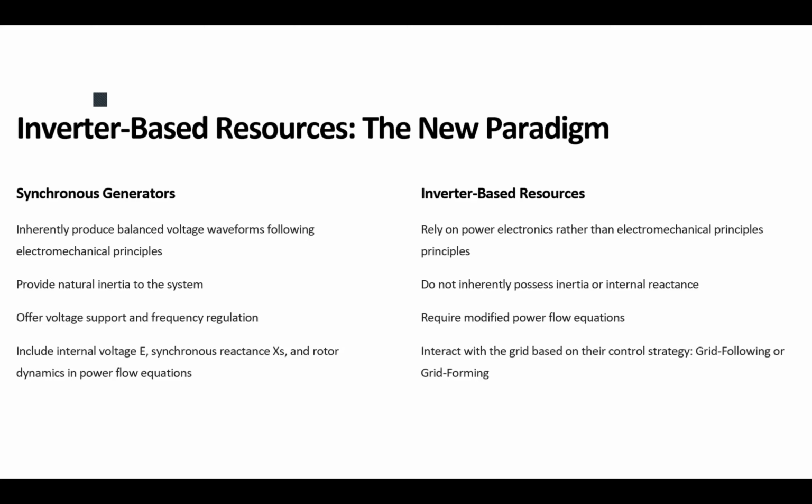Now, so far, all the discussion that we had was in the general case. It was a conventional general power system, and all the formulas that we saw and all the methods that we went through were general methods that we could use on a conventional power system dominated by rotary machine resources.